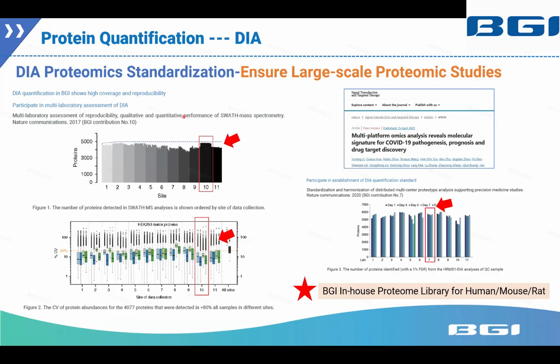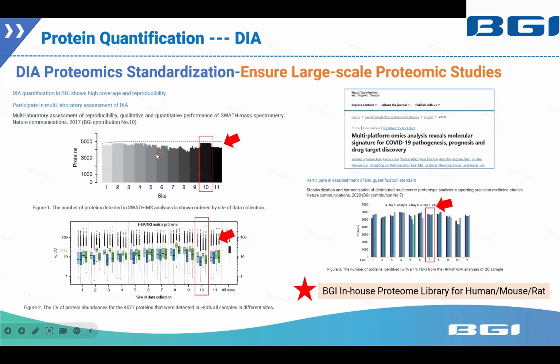The result shows that the different labs could obtain highly reproducible protein quantitative data using the DIA technology. And its reproducibility and sensitivity are very close to SRM, which is the gold standard for protein quantification. And this laid the foundation for the application of DIA technology in large-scale protein quantification.